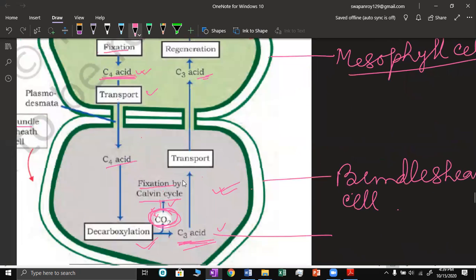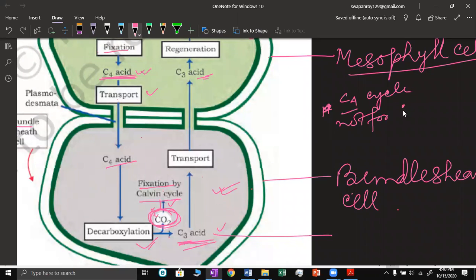Actually, say this Hatch and Slack cycle is not for the synthesis of carbohydrate. This one, C4 cycle, is not for carbon dioxide reduction.